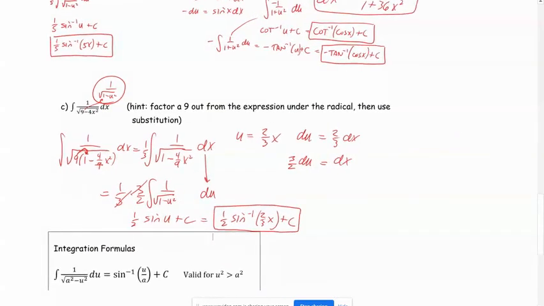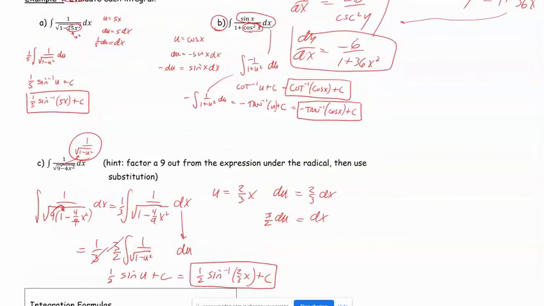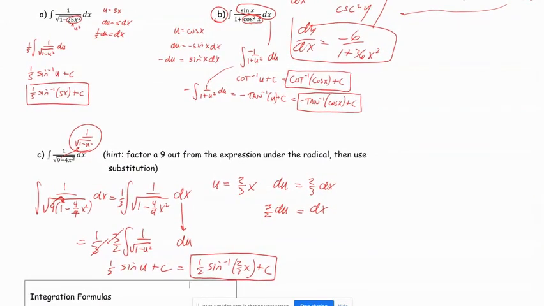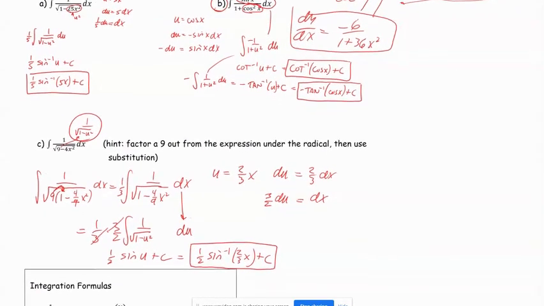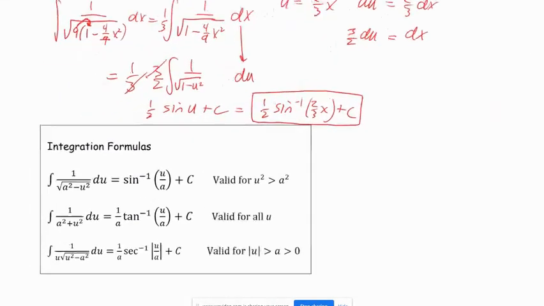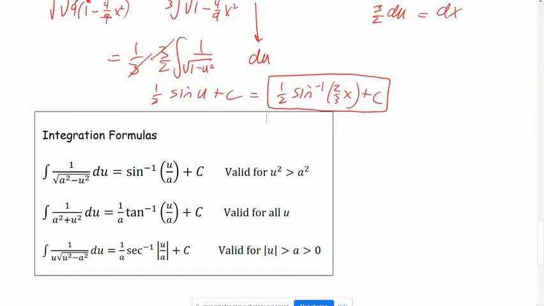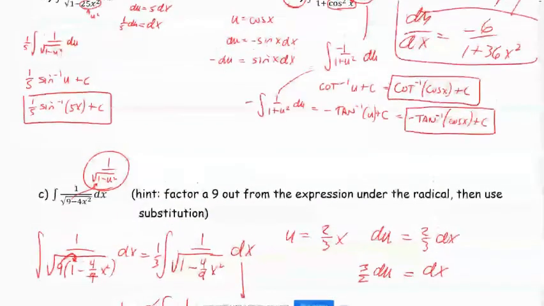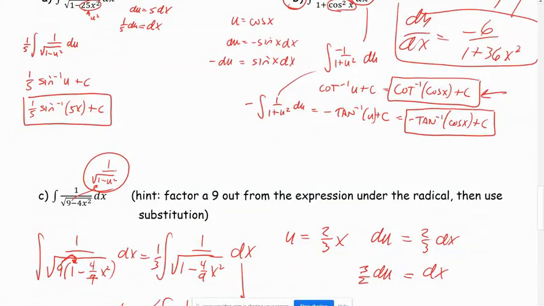Okay, so the methods that we used for those 3 examples, A, B, and C, for example 4, can all be summarized in this integration formula table. Notice that we only really need 3 trig functions, because as I showed in example B, what we can do with inverse cotangent, we could do just as easily with inverse tangent.